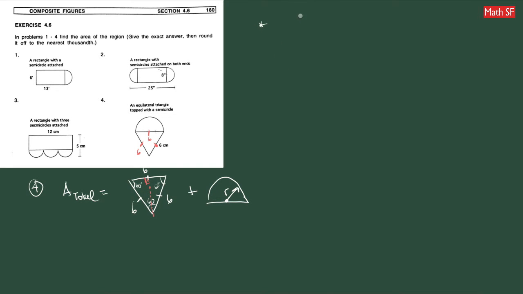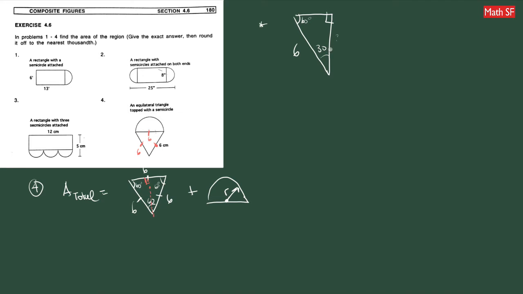Look, we're going to have a right triangle here with 60 degrees and 30 degrees, and the hypotenuse should be 6. So we need to find this part here.